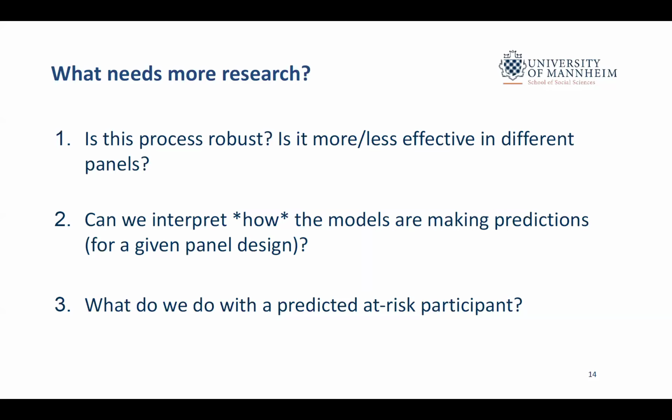And we are going to move on now to talk about some of the other areas that propensity modeling could move forwards in. So these are some of the areas that we want to push propensity modeling forward in. So firstly, we want to know whether this approach that we've outlined is robust.